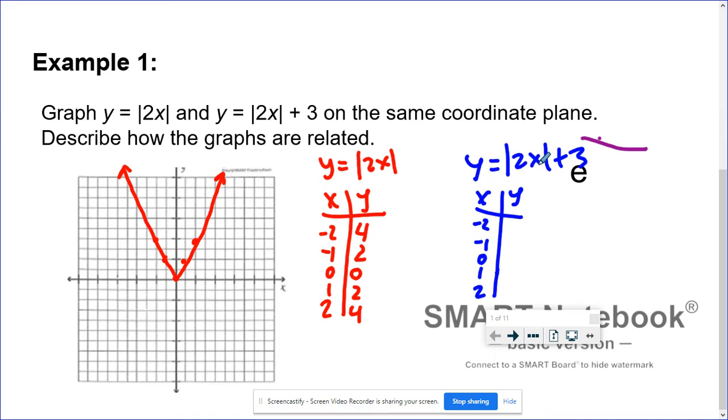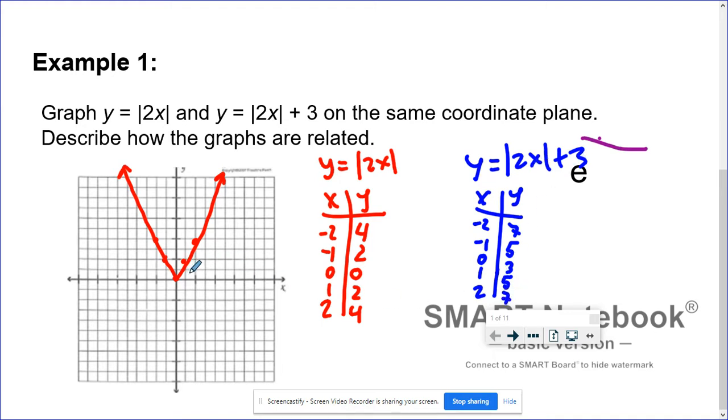If I substitute -2 in for x, 2 times -2 is -4, absolute value of that is 4, plus 3 is 7. -1 goes in, you get -2, absolute value is 2, plus 3 is 5. 0 goes in, you get 0, plus 3 is 3. 1 goes in, you get 2, plus 3 is 5. 2 goes in for x, you get 4, plus 3 is 7.